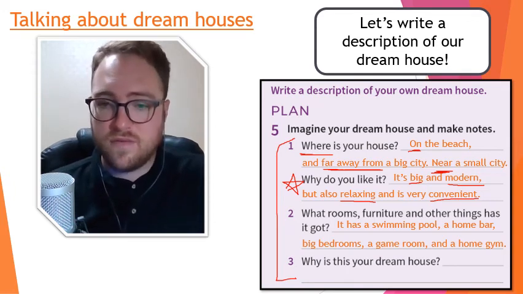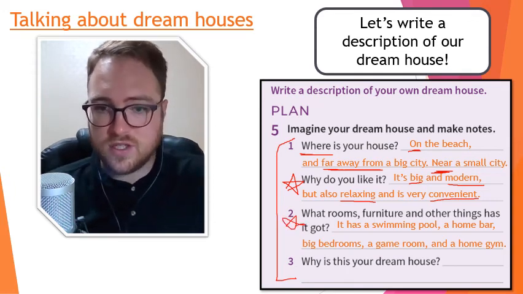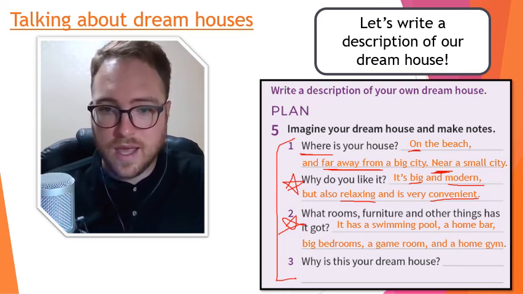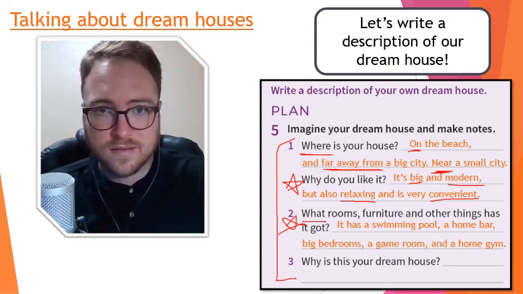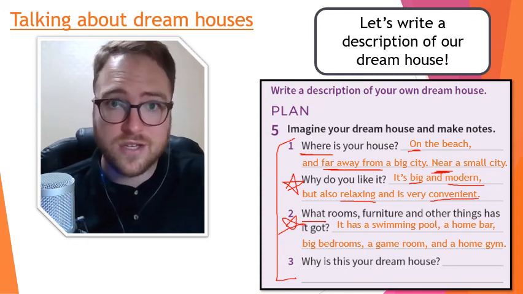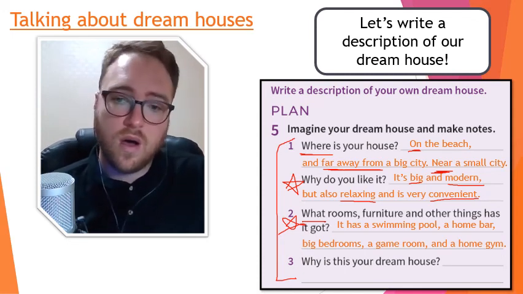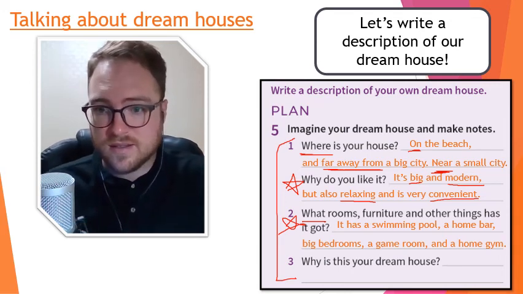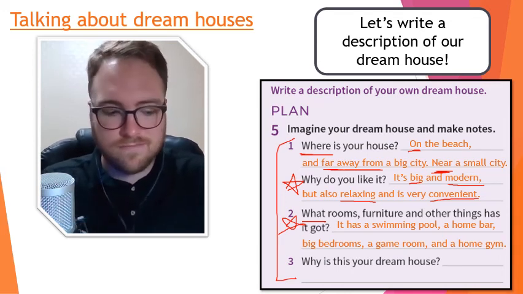Okay, all of these words for this question are nouns. Okay, I'm talking about things that are in my dream house. So also you should write all the things that are inside of your house.